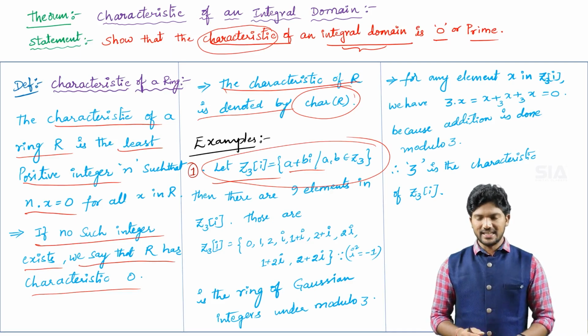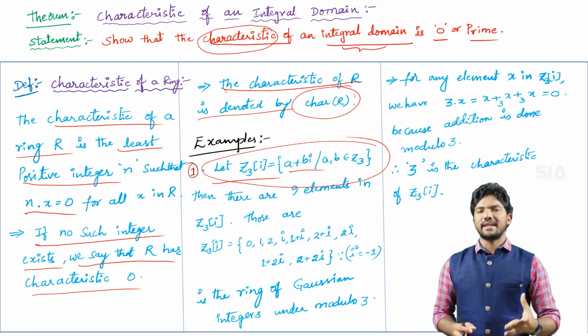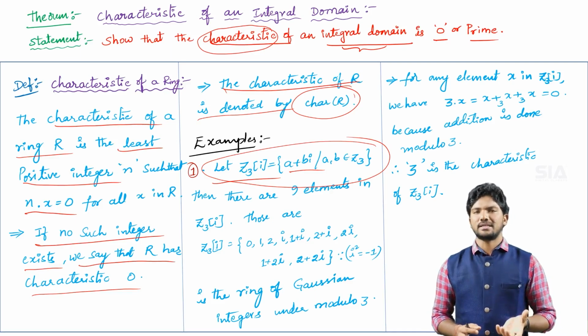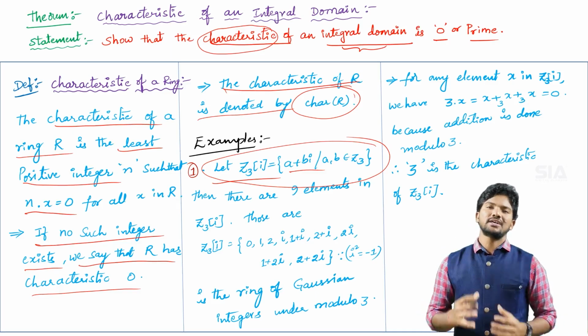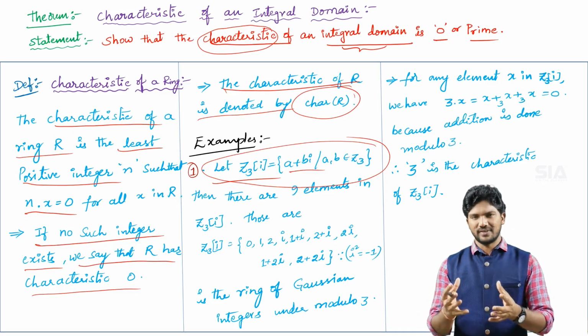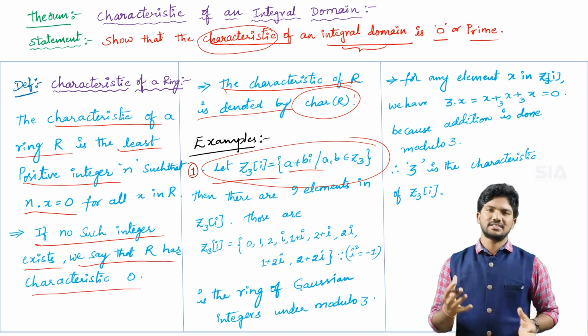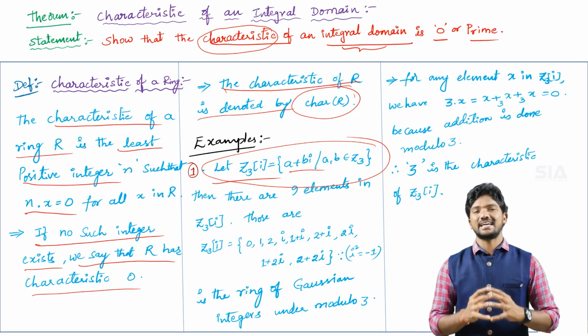Whenever an element exists in the form of a complex number with the help of integers, a plus bi, where a, b belong to the given integers, Z suffix 3, Z suffix 5, or else Z, then it is called Gaussian integers.